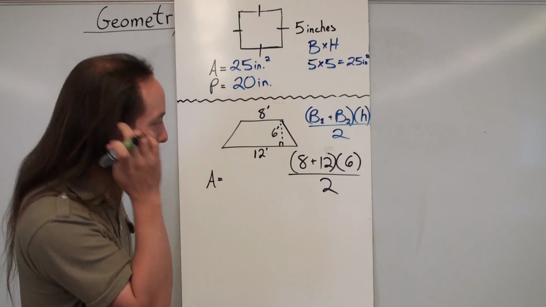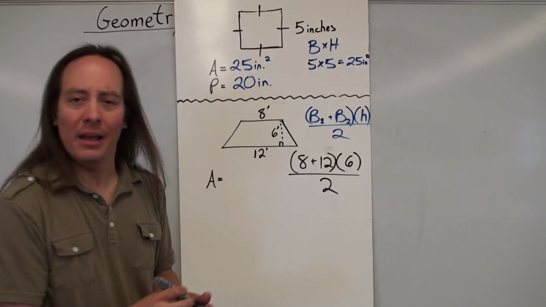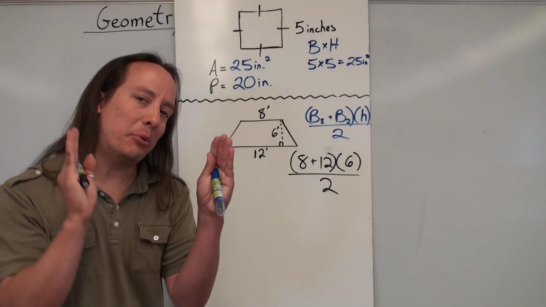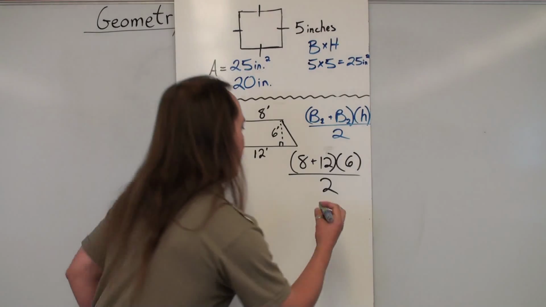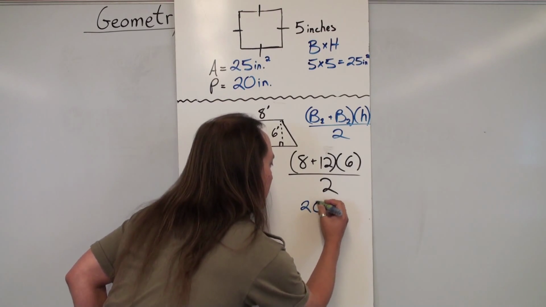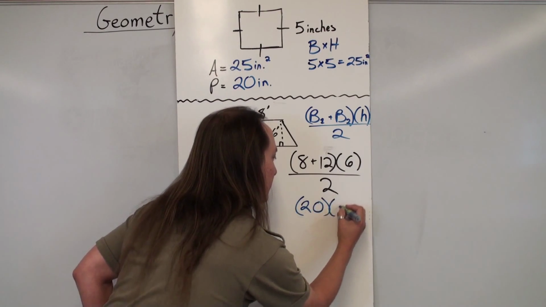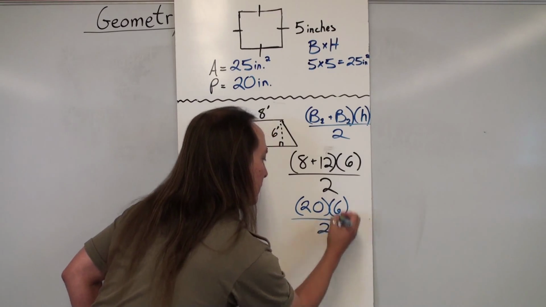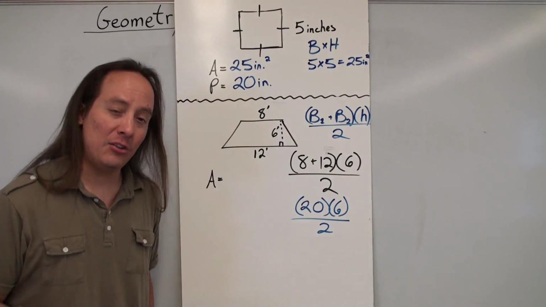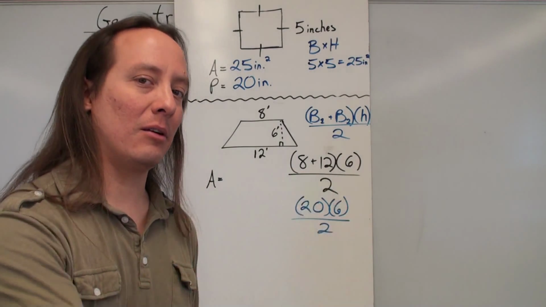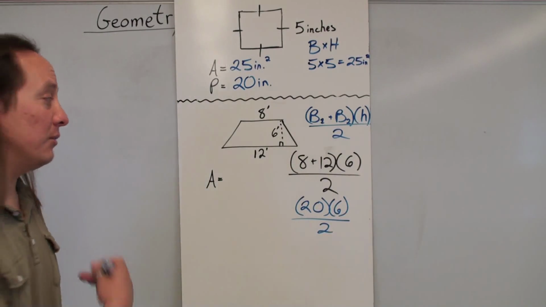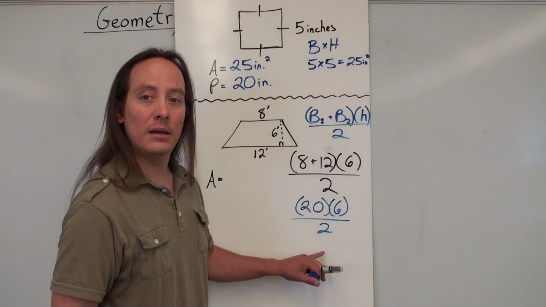Okay, so moving on, back to the formula here. We do what's inside the parentheses first, so 8 plus 12 is 20, right? And then we have to do the multiplication, 20 times 6. That's like 2 times 6 with the 0 on the end of it, so 2 times 6 is 12, with the 0 is 120.